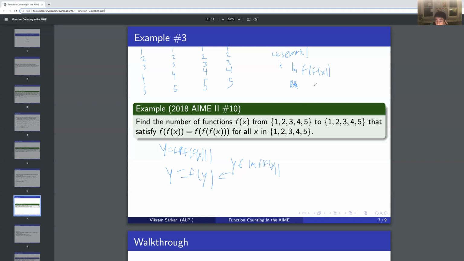Anyways, so let's say the size of this is 1. So without loss of generality, let the 1 that all f of x maps to be just 1. So we have 5 choices, and we want f of x to be constant at 1. This seems familiar to the other problem, and I guess we already know how to handle it, right?